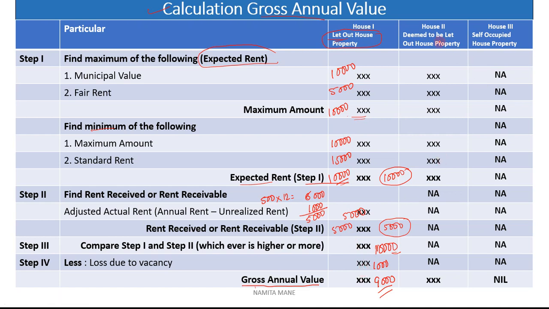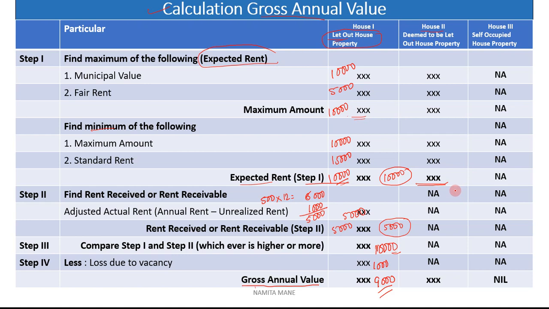Okay, these steps you have to follow for let out house property. If the nature of the house is let out house property, then you have to follow these steps. Now case number 2: if the house property is deemed to be let out house property, then you have to only do till step number 1.